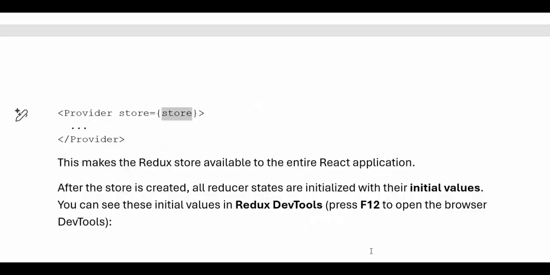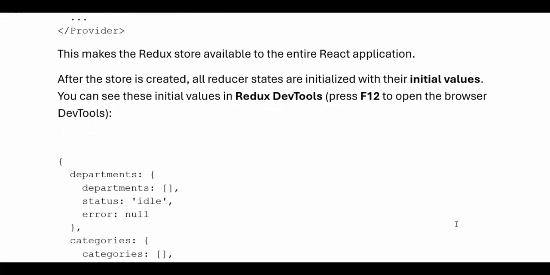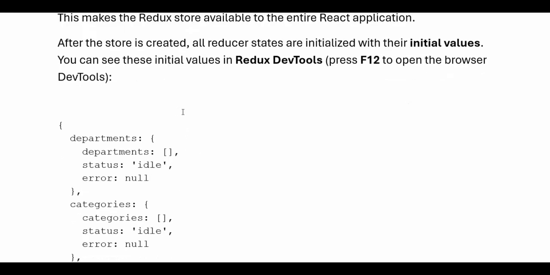Back to the end. This makes the Redux store available to the entire React application. After the store is created, all reducer states are initialized with their initial value. You can see this initial value in Redux DevTools.